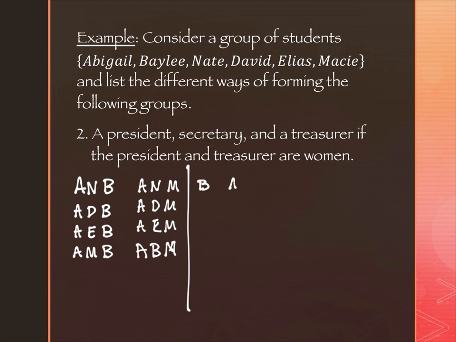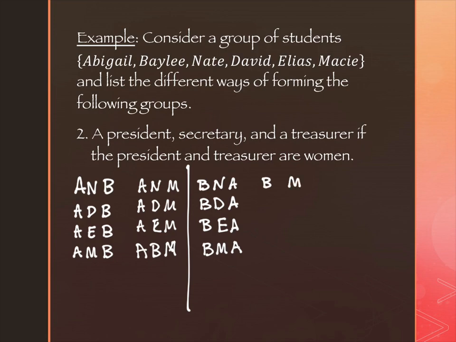So I can do Bailey and Abigail like this with Nate, with David, with Elias, and with Macy. What would my next grouping be? Bailey president, and what?